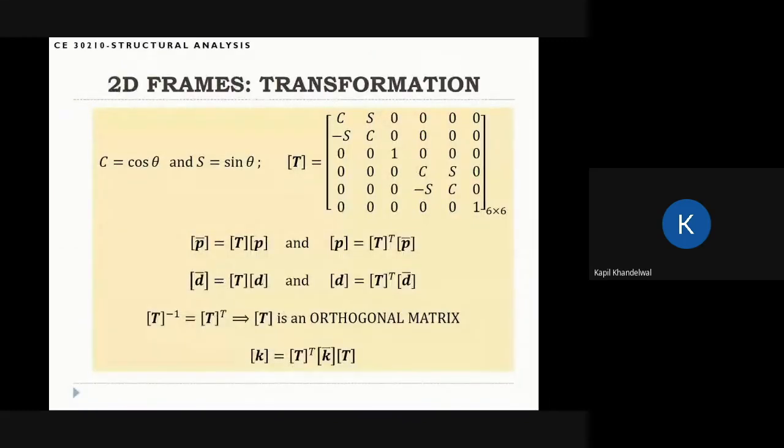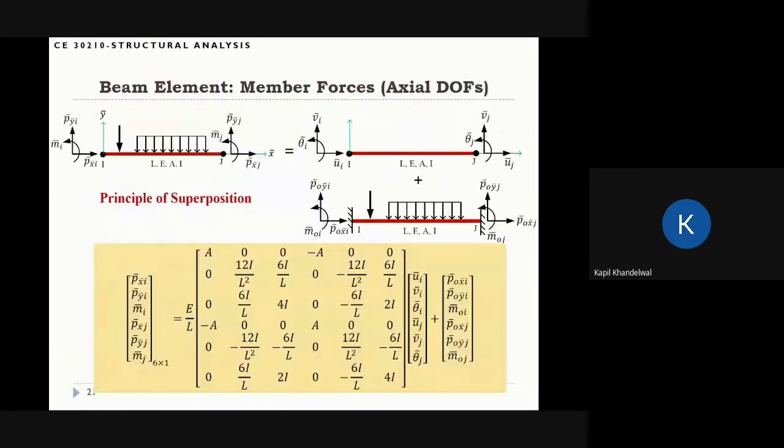For example, let me go back here. For the 3D beam element, instead of 6 degrees of freedom, the beam has actually 12 degrees of freedom. And those kinds of problems cannot be solved by hand. The only way to solve those big problems is using MATLAB, but it can be easily done.